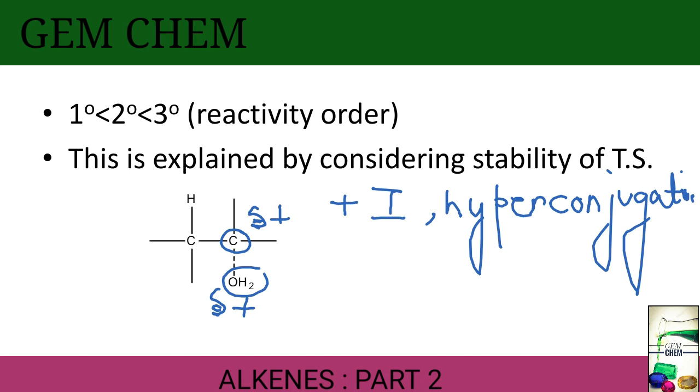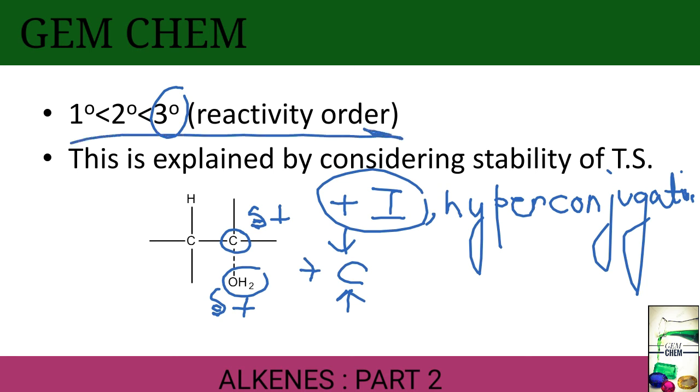So 3 degree carbocation will be more stable than 2 degree cation because see, 3 degree cation has 3 carbons, right, in the 3 directions. So they will donate and exhibit plus I effect. So that cation will be more stabilized, and thus rate of formation will also increase through this reactivity order.